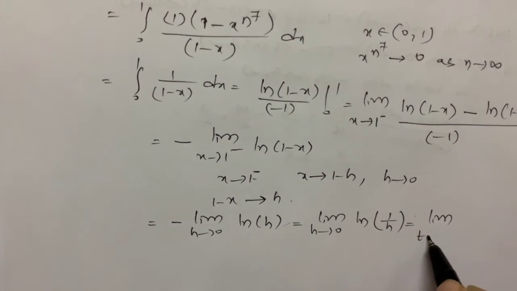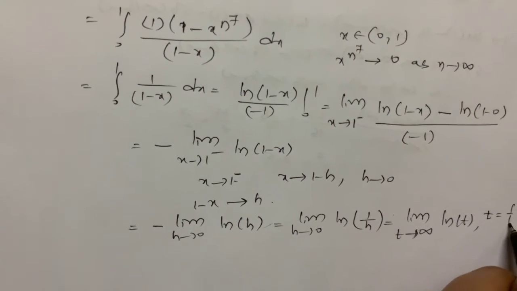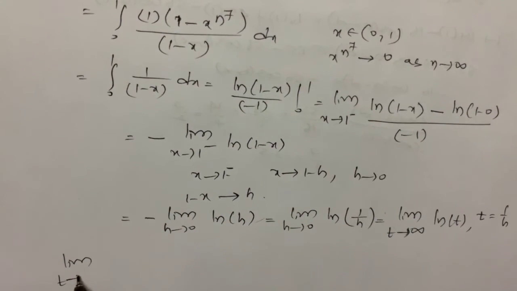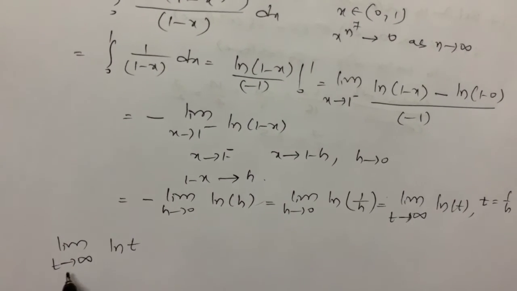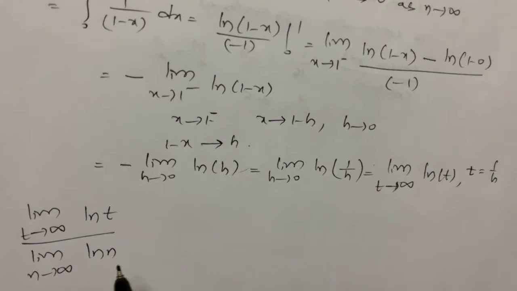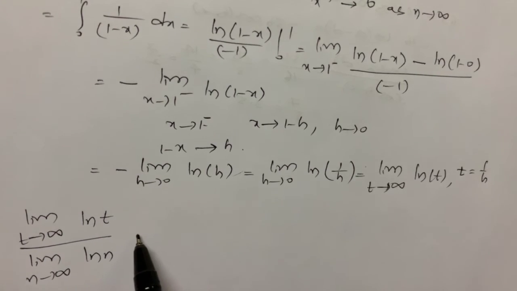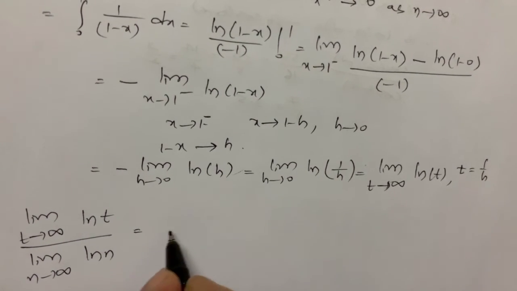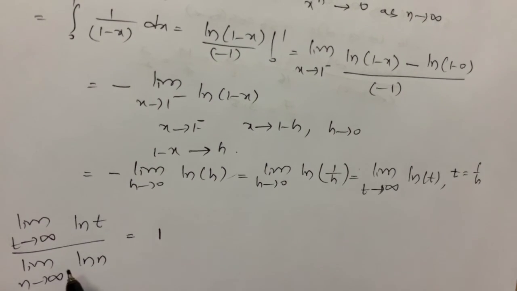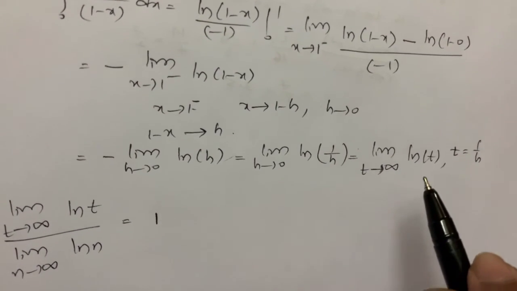So limit t tends to infinity of ln t, with the denominator as t. Limit n tends to infinity of ln n. Both of them tend to infinity, so we can directly write it as 1, because this value and this value are mathematically equal. So the value of the limit is 1.